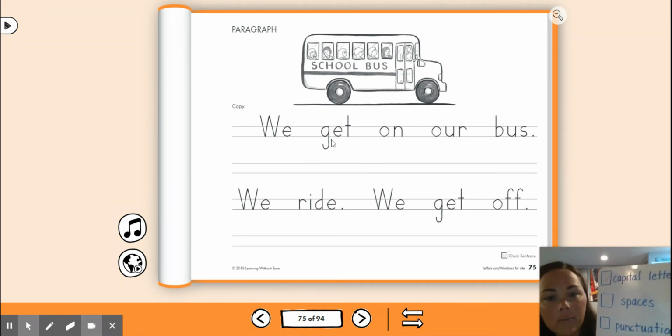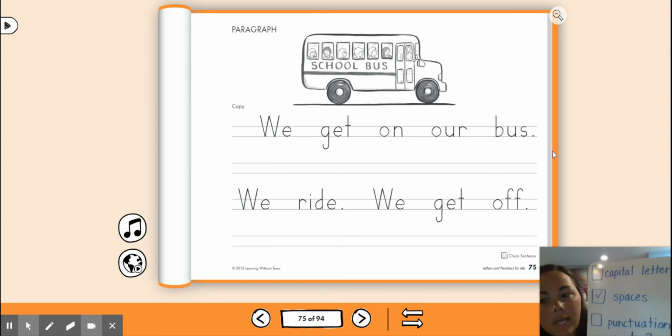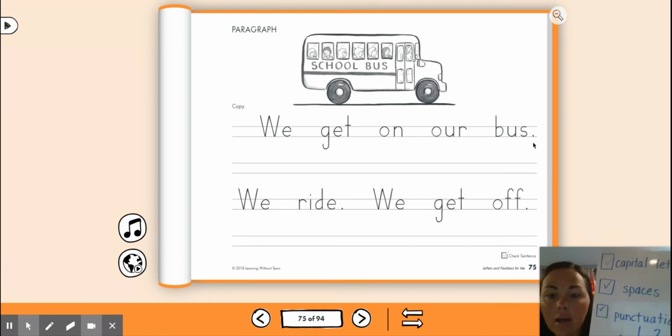Is there a space for the next word? We, space, get, yep. Space, on, space, our, space, bus. Yep, so it sure does have those spaces. And then at the very end of our sentence, do we have punctuation? Yes, we have a period. Check. So it has all three of the things that our sentence should have.